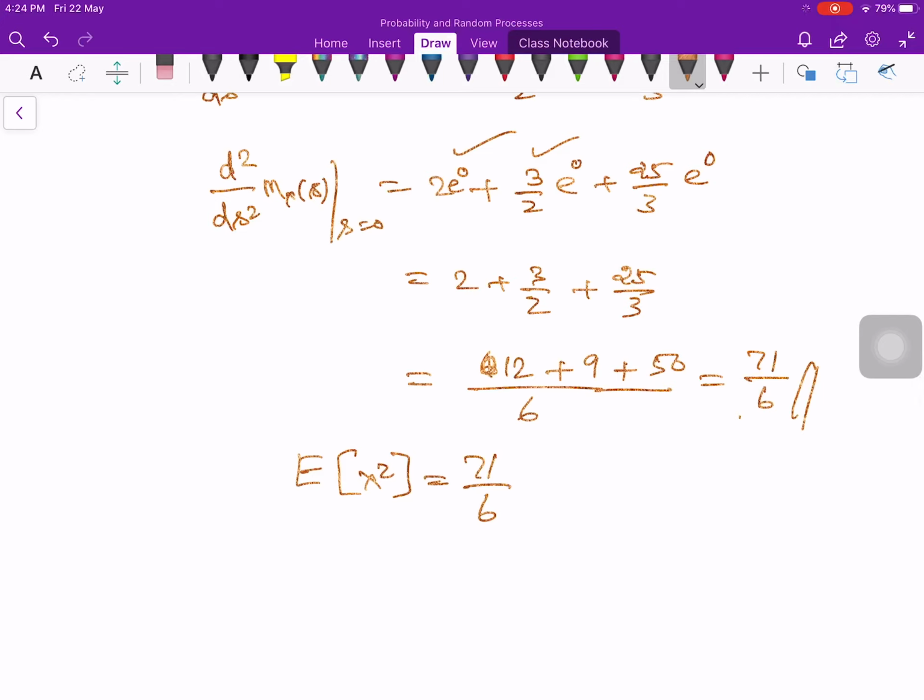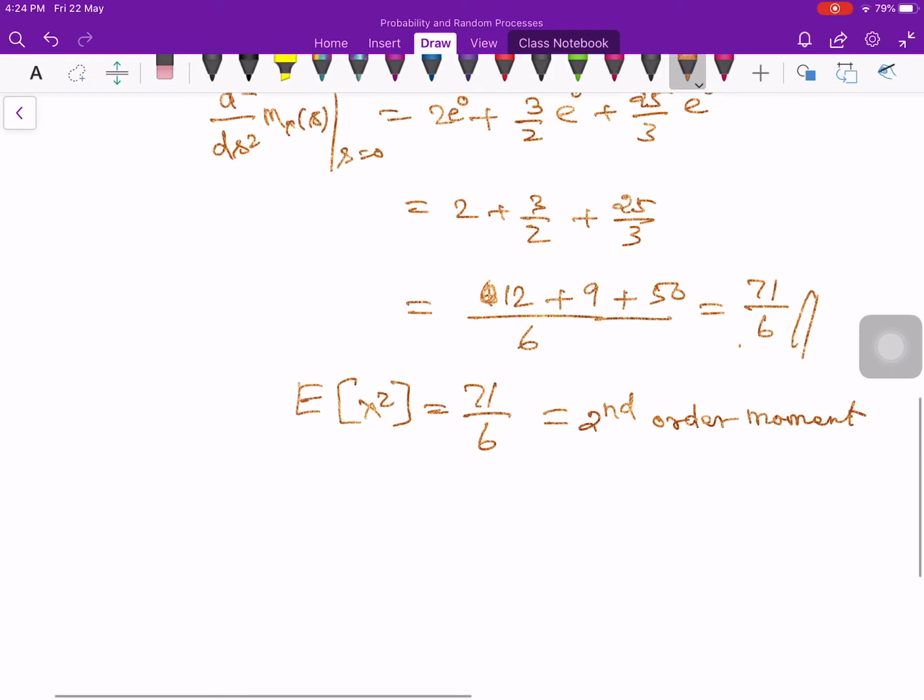So what is the variance? This is a second moment, by the way, second order moment. So like this you can keep on calculating the third order moment, fourth order moment and all. So variance of X equal to E of X squared minus the mean of the random variable squared.